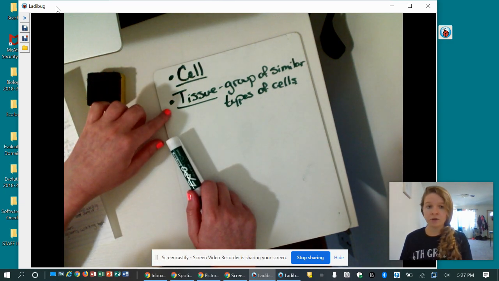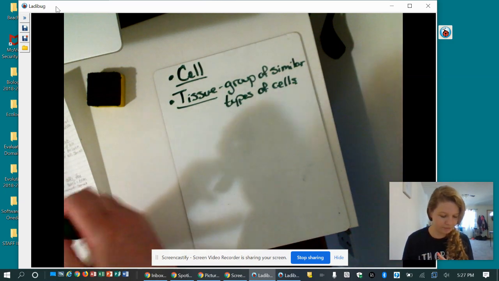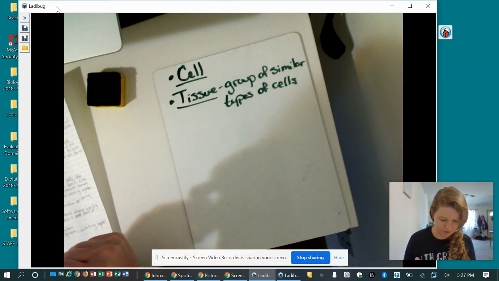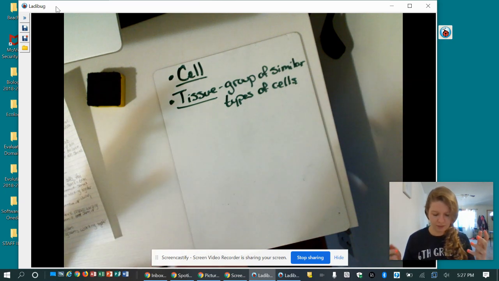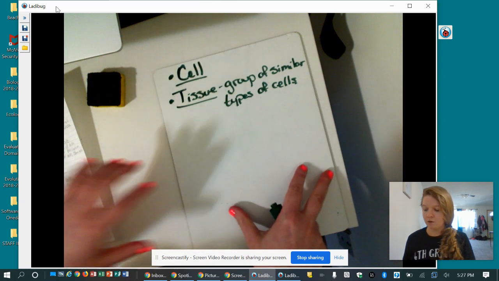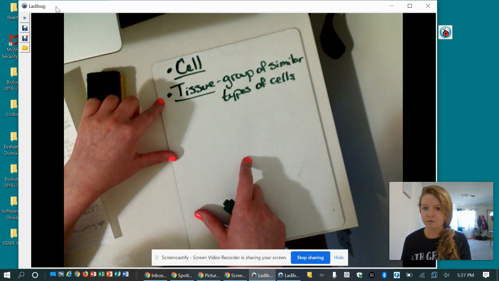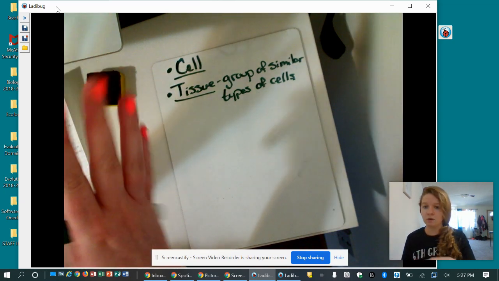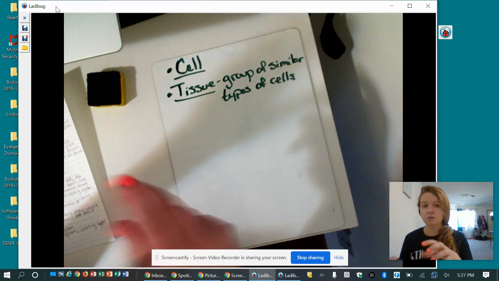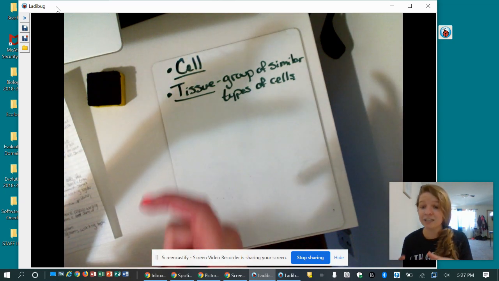Then there are a bunch of epithelial cells that make up the lining of your stomach. So your stomach cells together make up a tissue, which lines your stomach. So all of those cells working together to line your stomach, that's called a tissue.